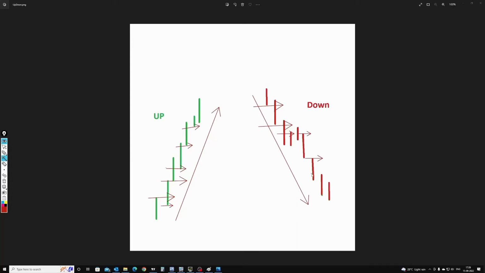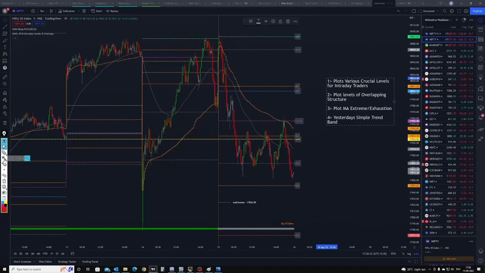Okay, so this is the principle or the theory behind designing this indicator. So number one, this indicator will plot various crucial levels for intraday traders. So it will plot all the high probability intraday entry levels on a 5-minute chart.